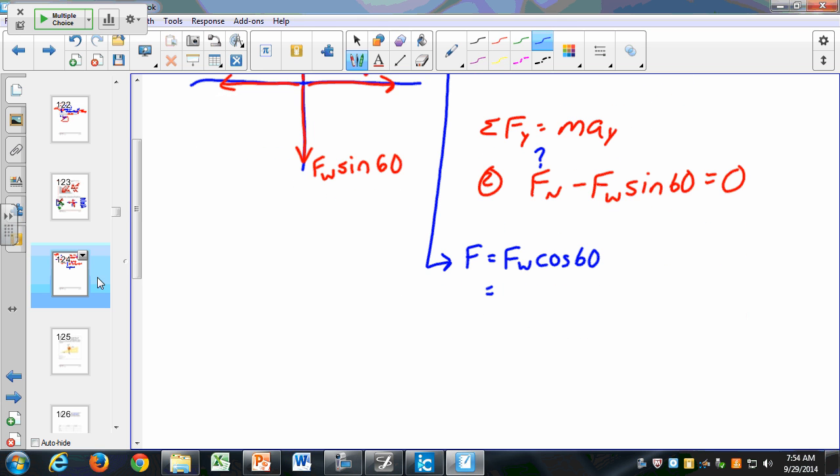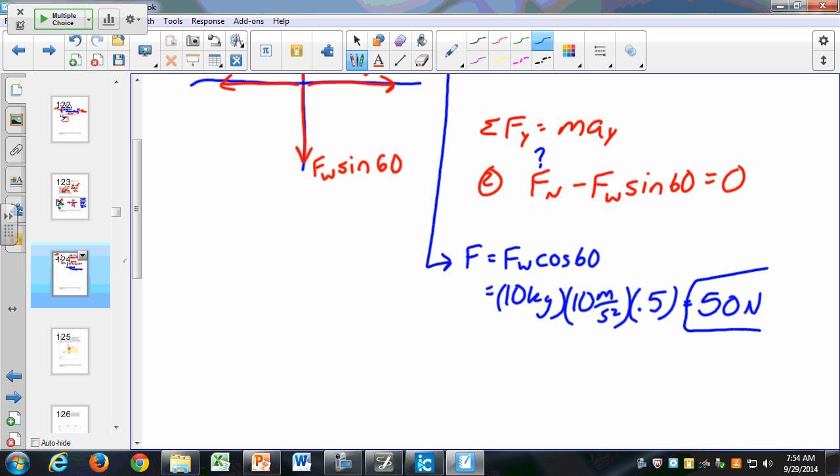That's going to be 10 kilograms times 10 meters per second squared times 0.5, which is cosine of 60, which is 100 times a half is 50 newtons. So that's the answer, the force up the incline has to be 50 newtons.